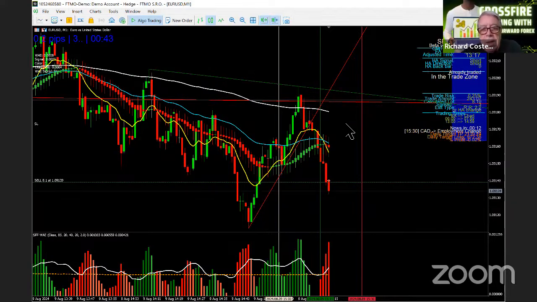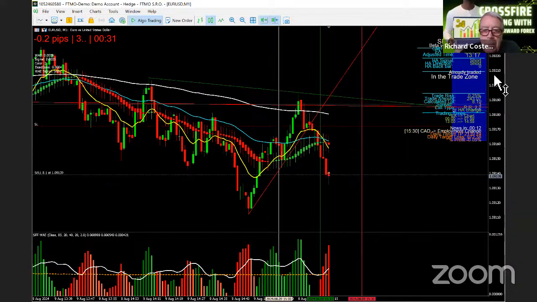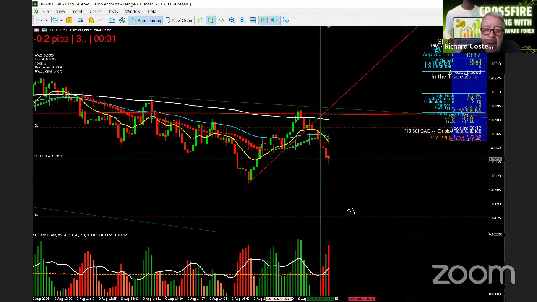The reason it's taken the trade, and you see, you've got a little red arrow telling me, and I've got a green dotted line. So it's telling me it got me in for a sell at that point. It's given me the stop loss up there, and if I zoom in a little bit, it's given me my take profit down there.